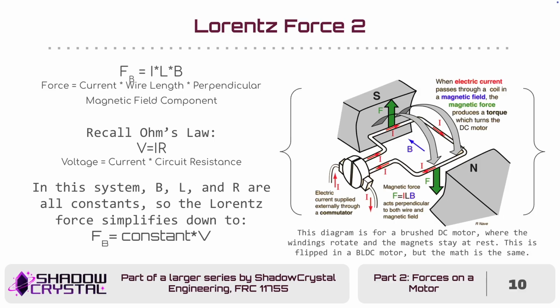And that is why your Lorentz force in a DC motor is proportional to your voltage. Because when you apply a certain voltage, that voltage is proportional to the amount of current you apply, and so your Lorentz force becomes proportional to your voltage. Does that make sense? Okay, very good.